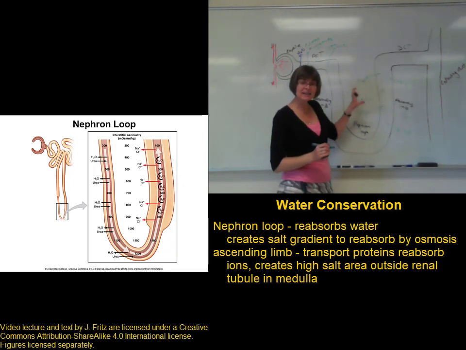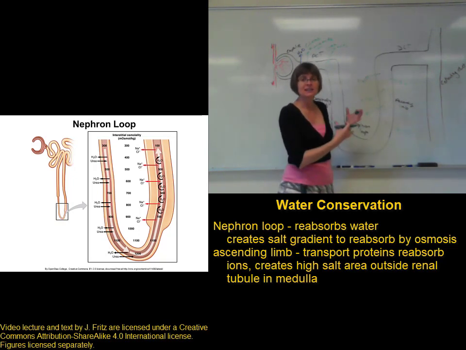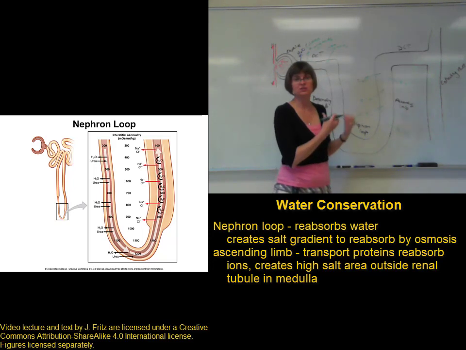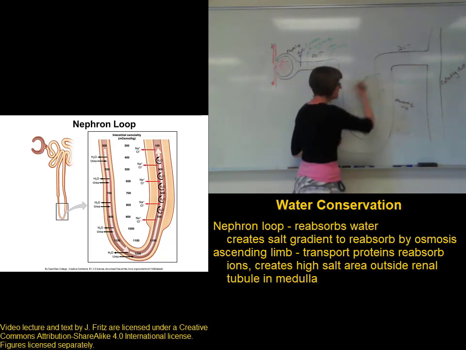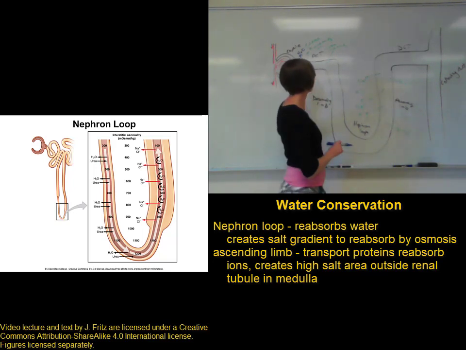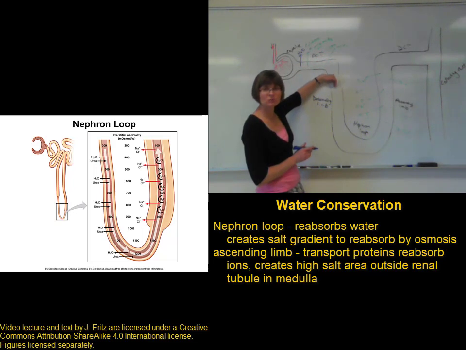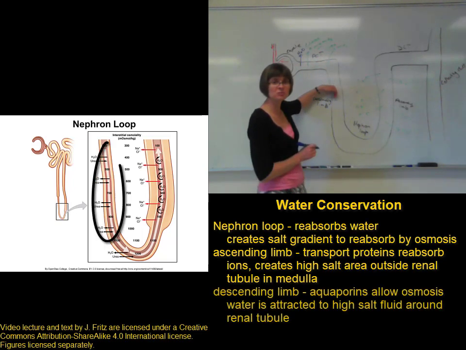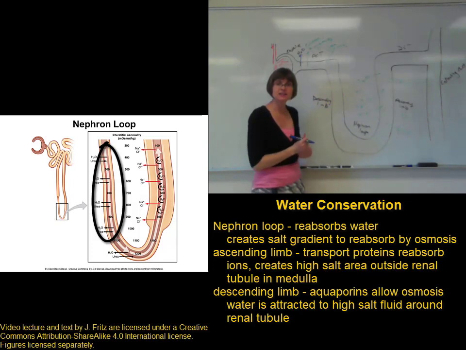This builds up a high concentration of ions outside of the nephron loop in the fluid of the medulla that's surrounding the nephrons. This is what we refer to as the salt gradient. As fluid comes from the PCT into the nephron loop and begins going down toward the medulla in the descending limb of the nephron loop, water is attracted to all of this high salt that's in the area surrounding the nephron loop.